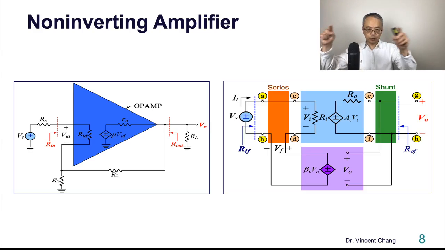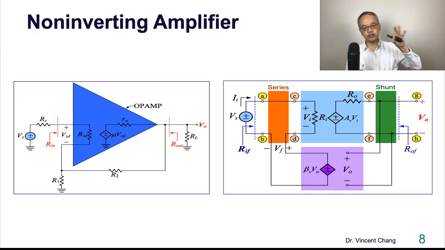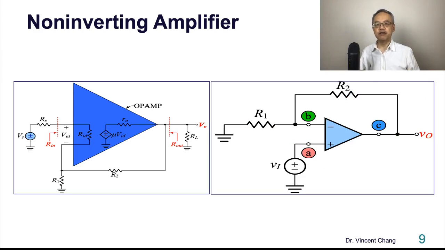Then can you relate these two to each other? Look at the left-hand side. It's a series mixing, and then it's shunt sampling. So the non-inverting amplifier on the left-hand side can be identified as a series-shunt feedback.